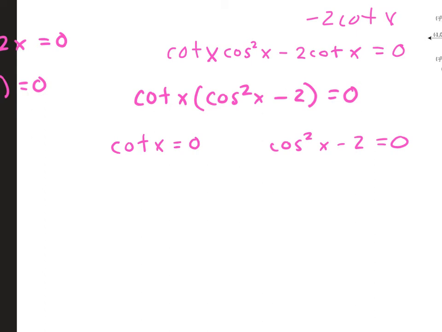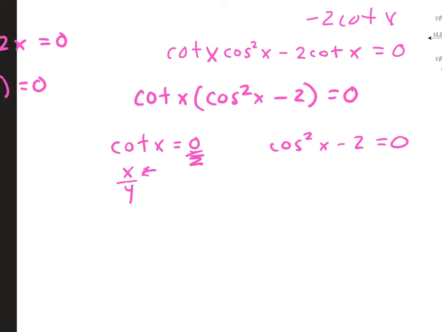So cotangent x is equal to 0 is already solved for us. We don't have to do anything to get our trig function all by itself. In terms of x and y, what is cotangent? X over y. And if x over y has to be 0, because 0 is what we're looking for, what does that tell us our x over y has to be? 0. Which one has to be 0? The x.